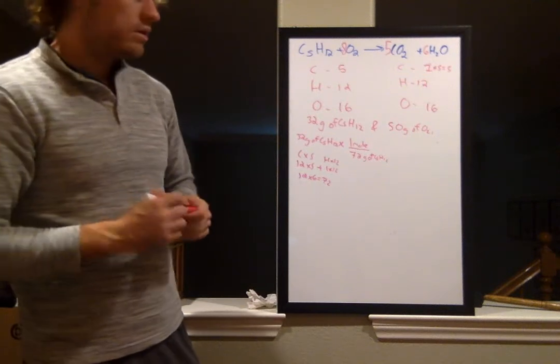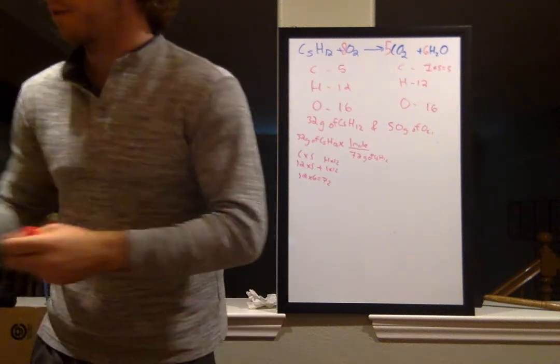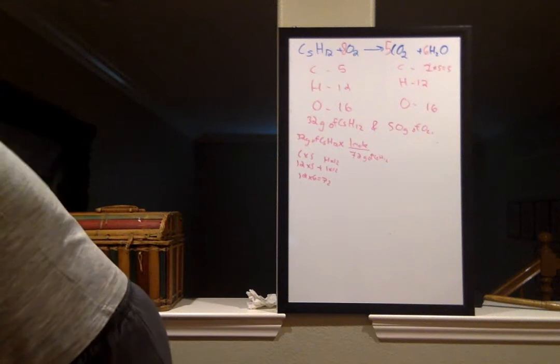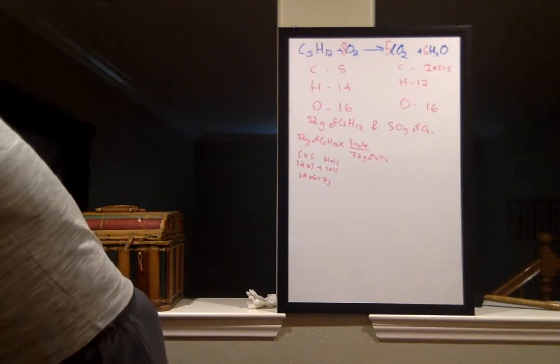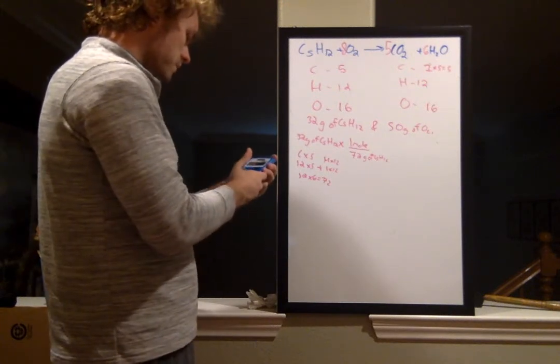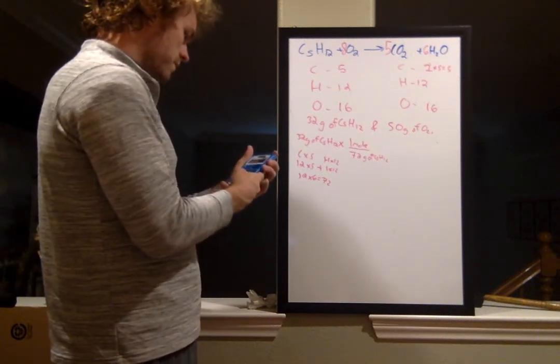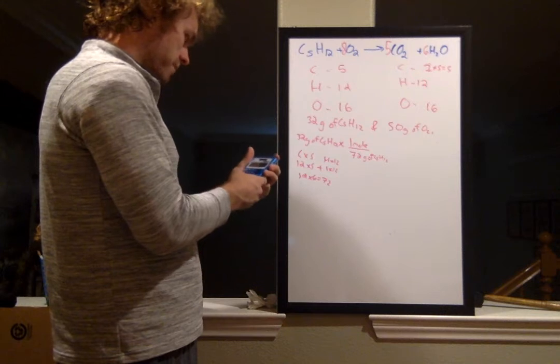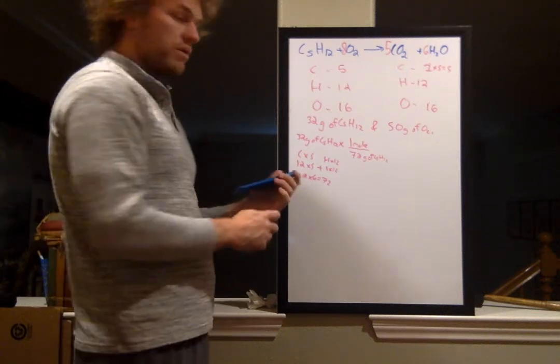Looks like I forgot my calculator. We'll just plug it in: 32 divided by 72, and we get 0.44.